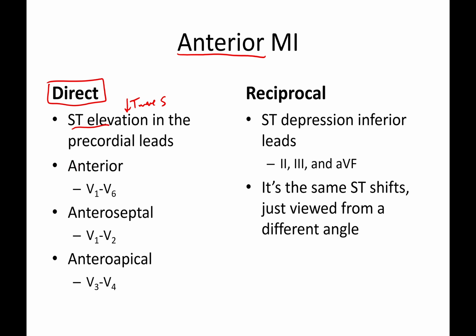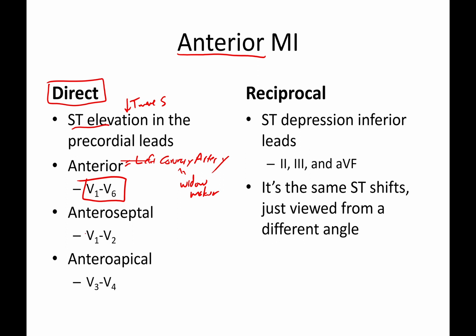If it is a true anterior MI where the entire left coronary artery has been occluded, also known as a widowmaker, you will see changes in all 6 of those precordial leads.